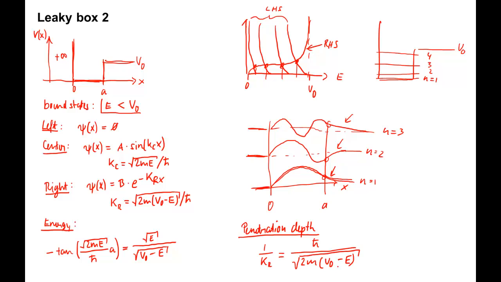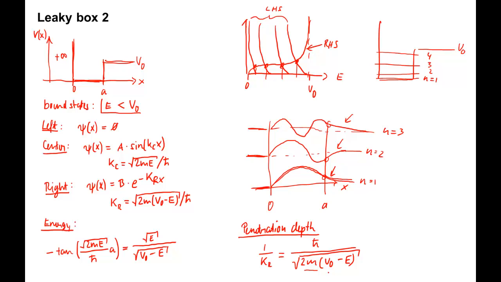Clearly, the penetration depth depends on the particle's properties. First, it's inversely proportional to the square root of the mass. That means light particles penetrate deeper than heavy particles. For example, electrons penetrate deepest, protons less deeply, and finally copper nuclei, for example, very little.